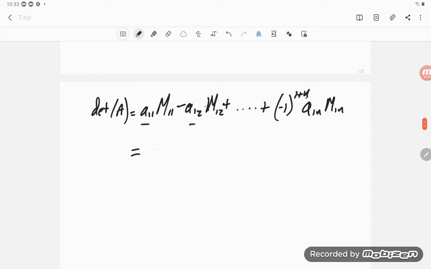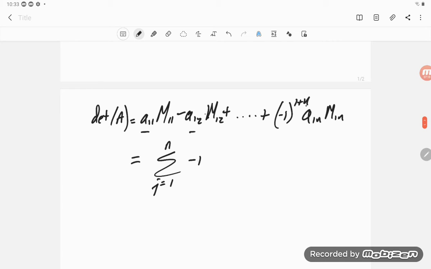We can do that with a summation formula. We say the sum from j equals 1 to n, because that's what's changing, the j: A11, A12, A1n, the j part's changing.